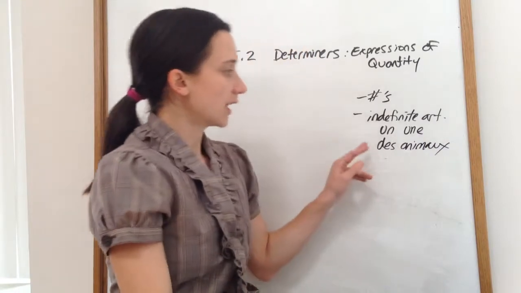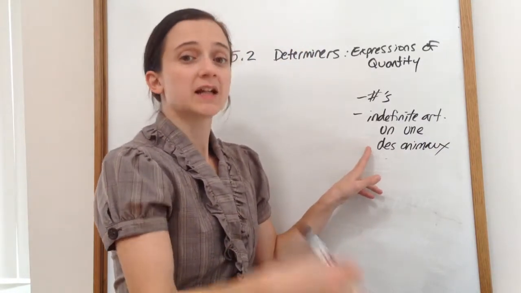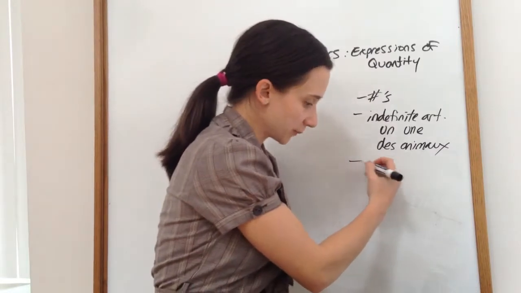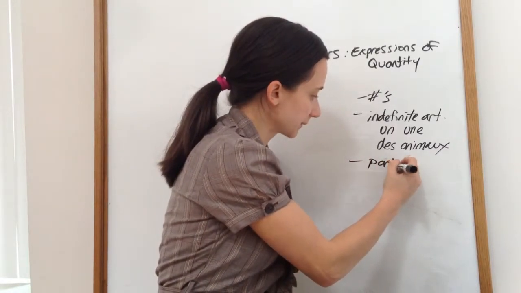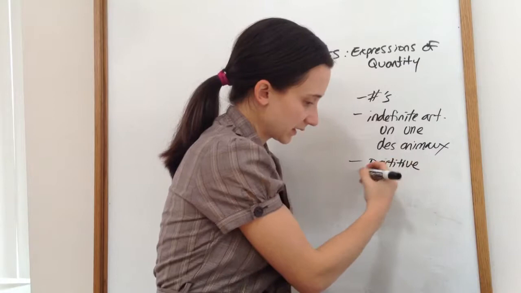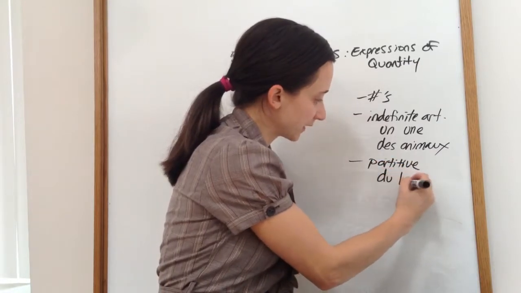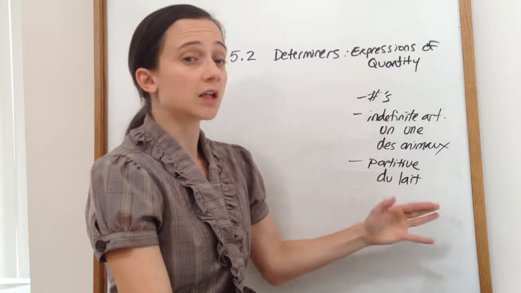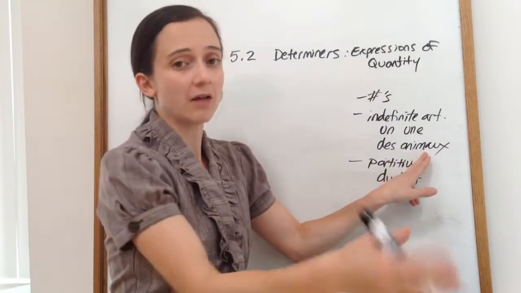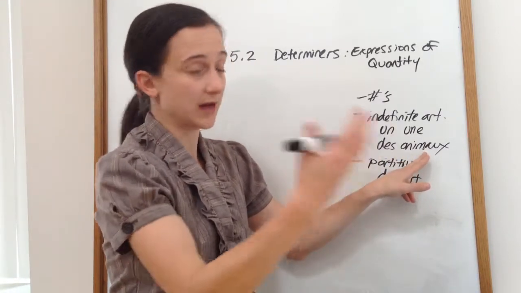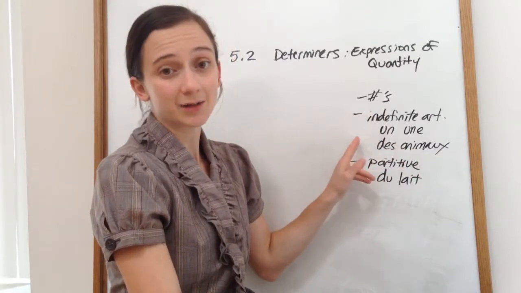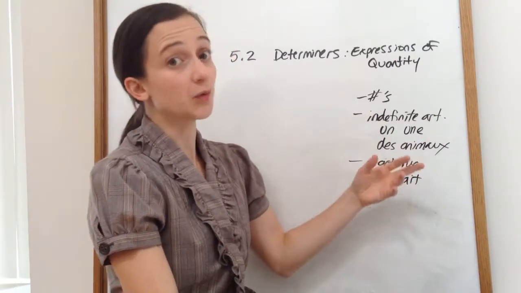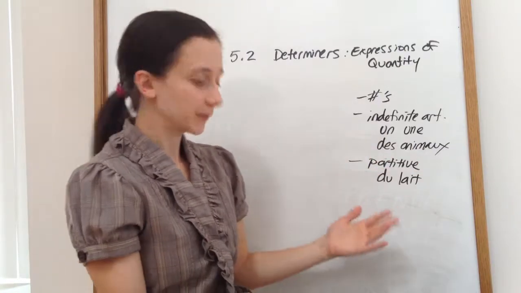Here we're saying some animals. This is not the same thing as our partitive articles, like du lait, some milk. Here, lait is milk, it's uncountable. Here, we can count animals: 1 animal, 2 animals, but we're just saying that there's some, a few. We just didn't bother to count, basically.